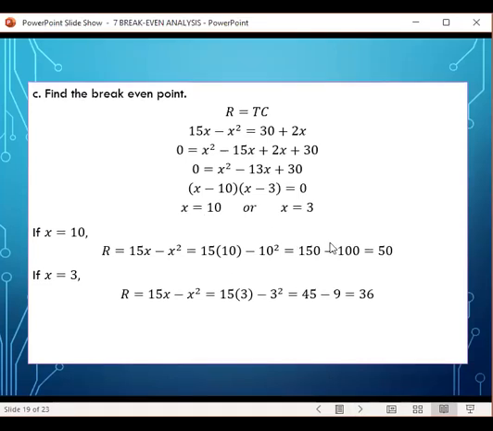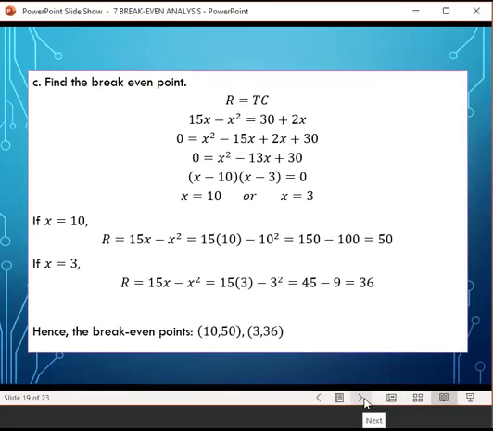If x is 10, then there is a revenue of 50. If x is equal to 3, then there is a revenue of 36. So there are two coordinates on your break-even point. And that is (10, 50) and (3, 36). Those are your break-even points.